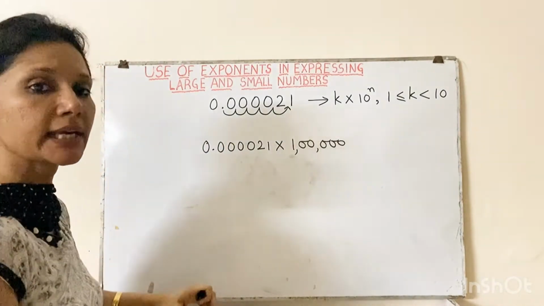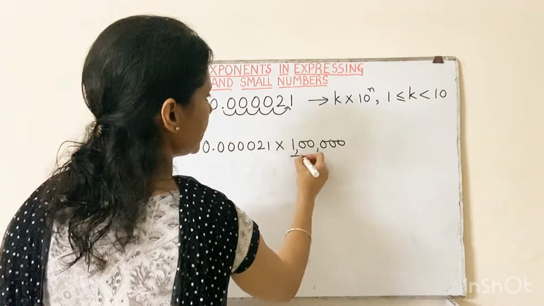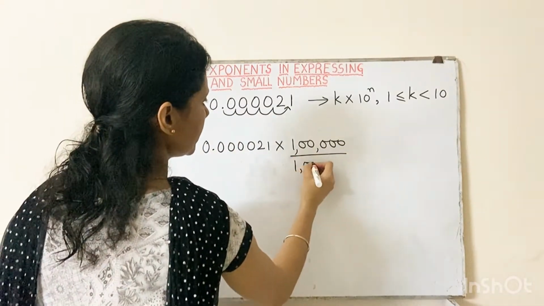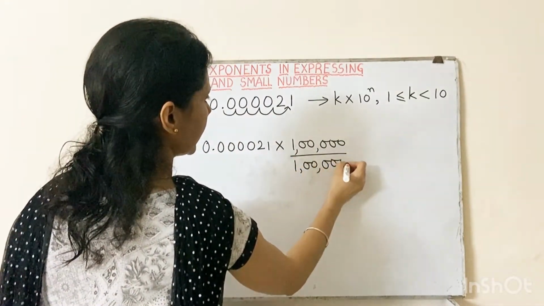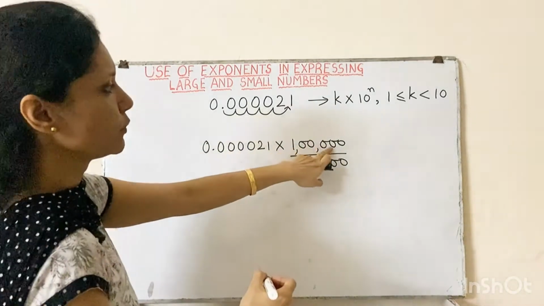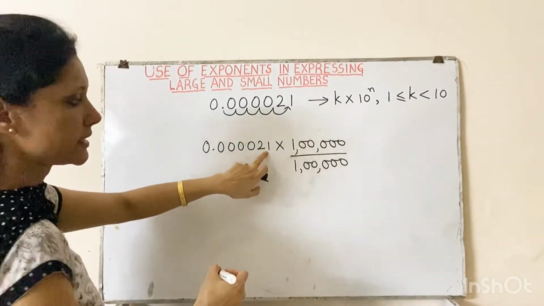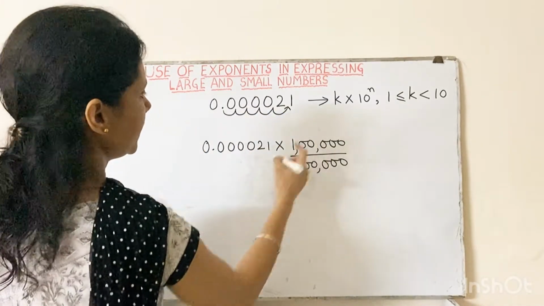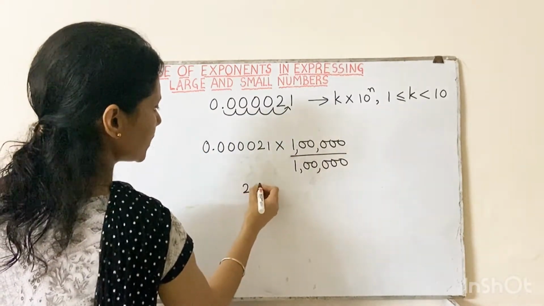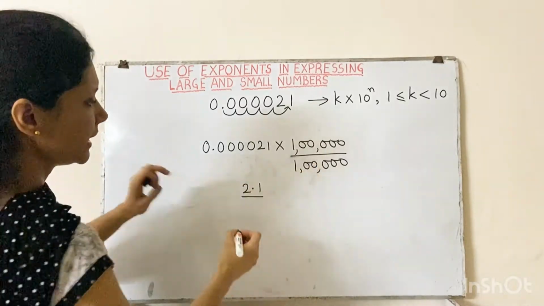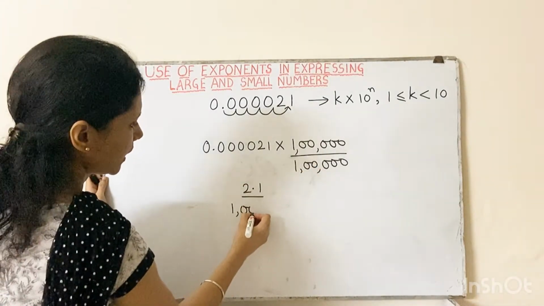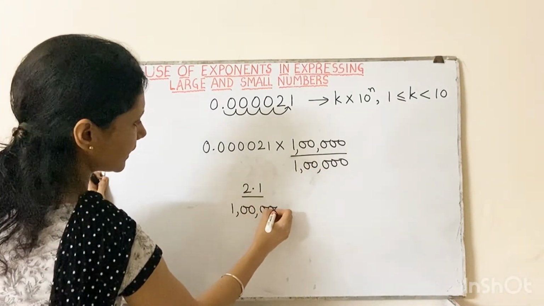If I am multiplying it with 1 lakh, I need to divide it also with 1 lakh. Now when I multiply this with 1 lakh, my decimal would jump 5 places towards the right, and this would be equal to 2.1. And in the denominator, I would be left with 1 lakh.